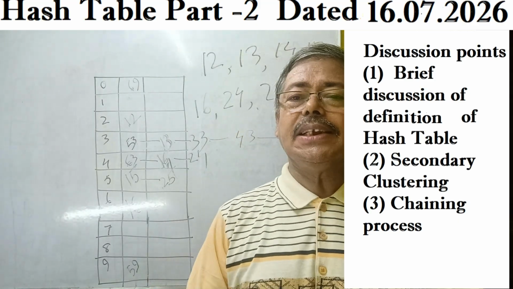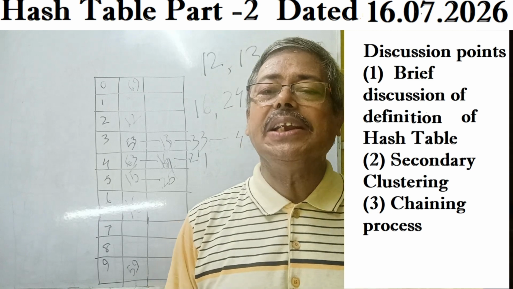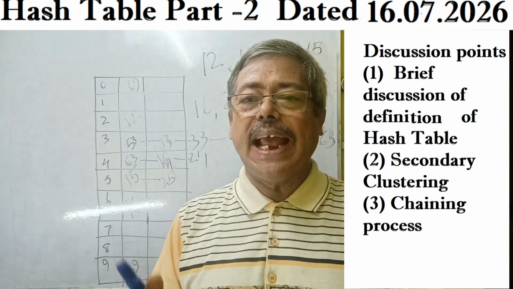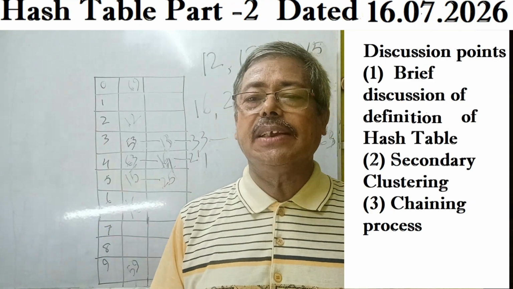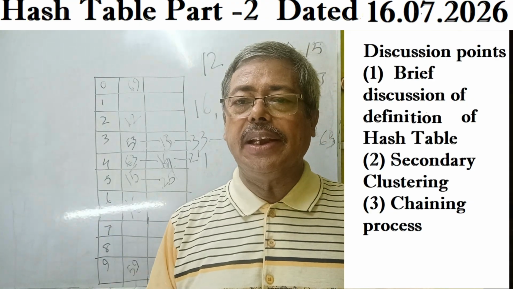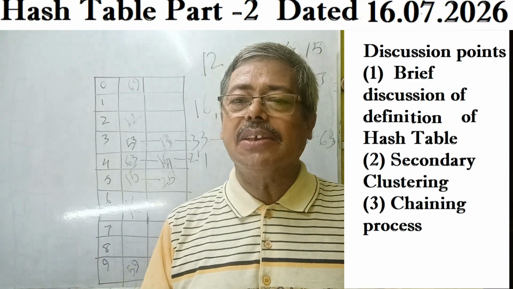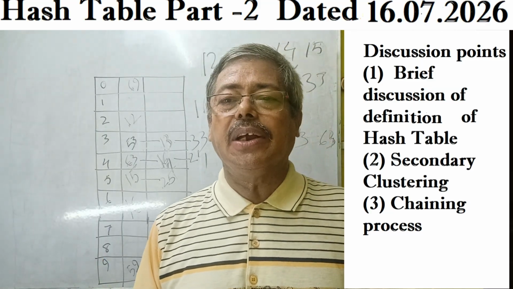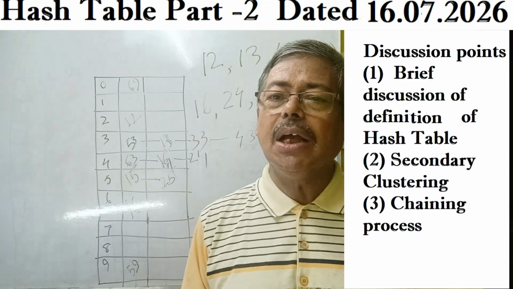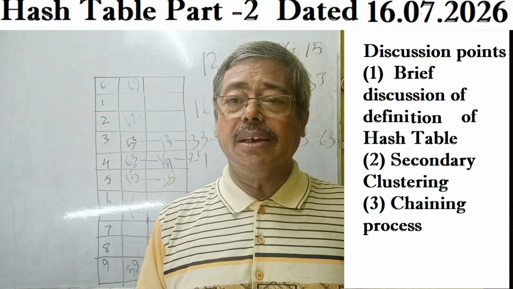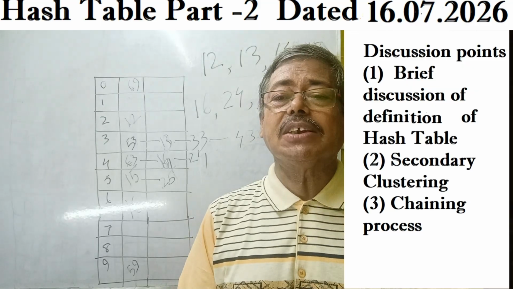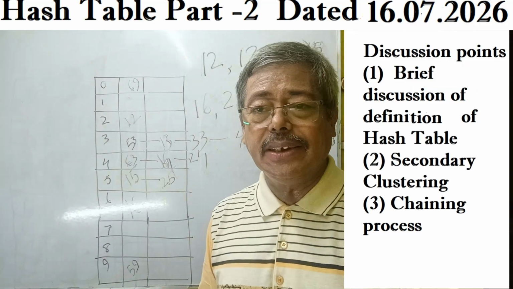Again, the hash table is a linear data structure. Using it, we access, store, and utilize data. The hash table is mainly used for searching, in databases and other types of applications. The hash table faces two problems mainly: primary clustering and secondary clustering.